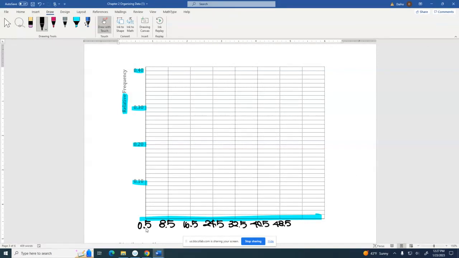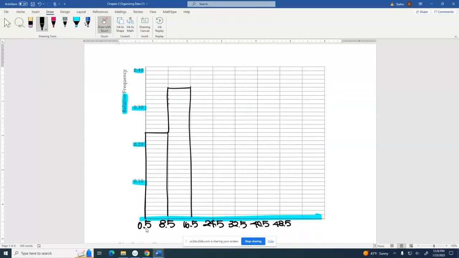How much was the percentage for the first one? 23.33 is about 0.23. Anybody who got the second one? I got it. The second one, 21 over 60, was 0.35.